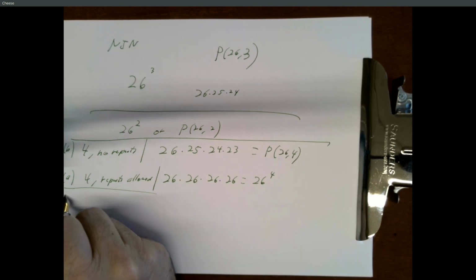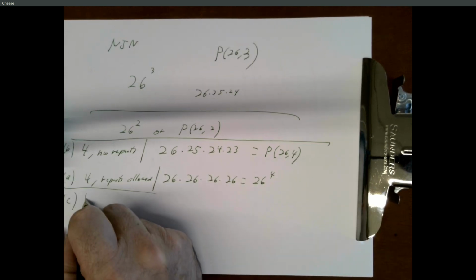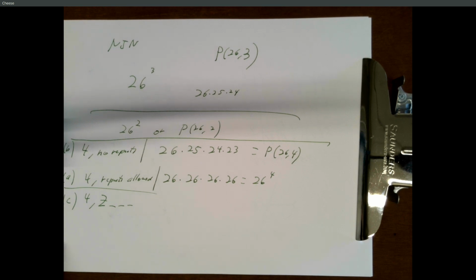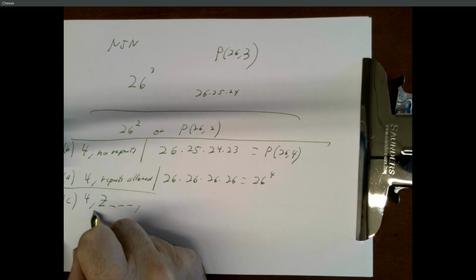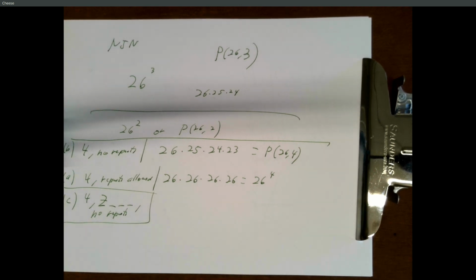Okay, part C, 4 letters, has to start with a Z and no repeats. Okay, you can always product rule these things. If you can't remember combination, permutation, that kind of stuff, think of it as a product rule.